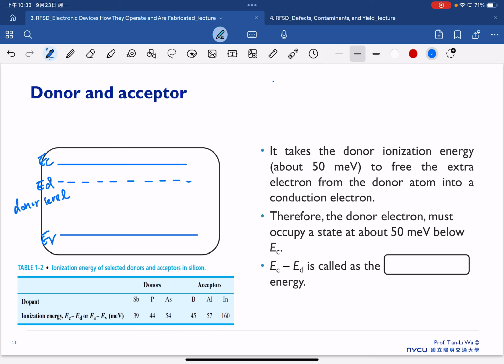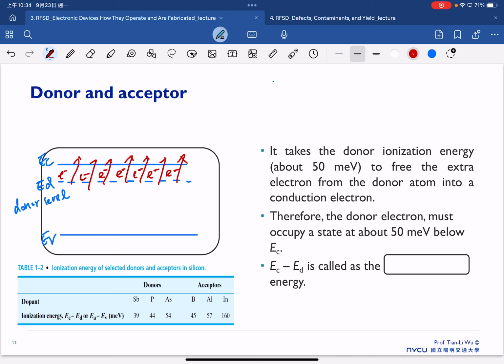That means this gap should be as small as possible, right? Because if this gap is smaller, that means lots of electrons easily jump from the donor level to the conduction band. That in the end becomes the conductive electron here.